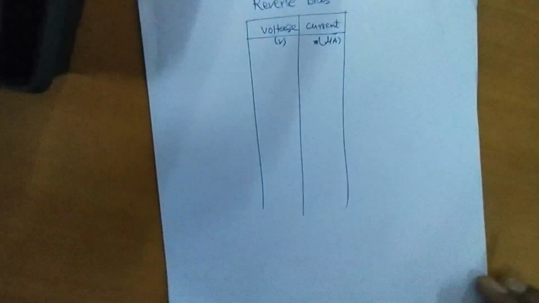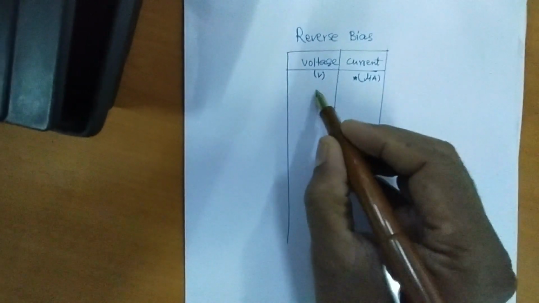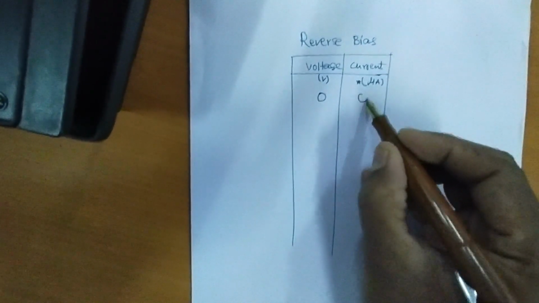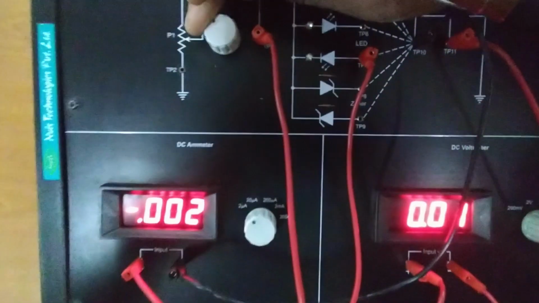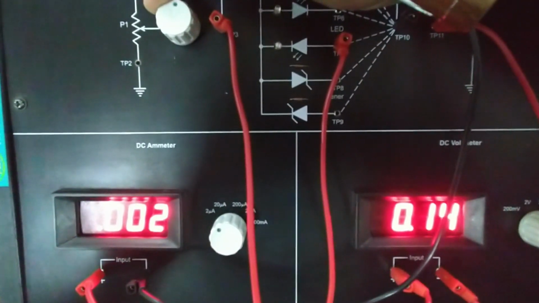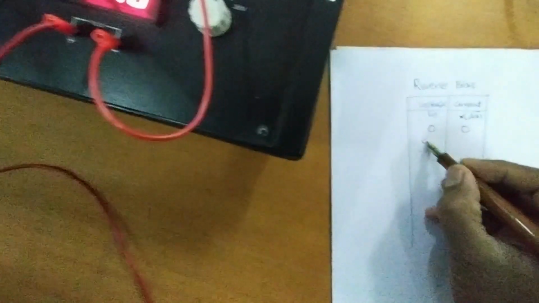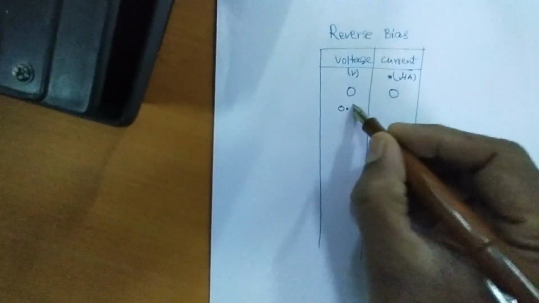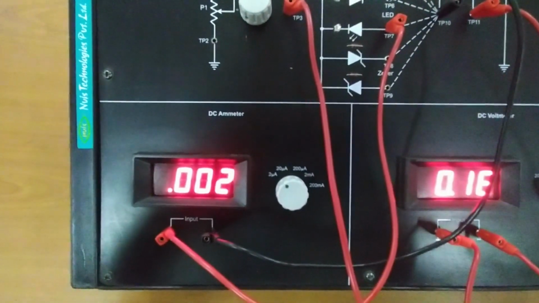I note down in tabular form for the reverse bias: starting voltage 0 volts and current 0 microamperes. Now I change the input voltage. If you want, you can take one reading at 0.15, and I write current in microamperes as 0, almost 0.